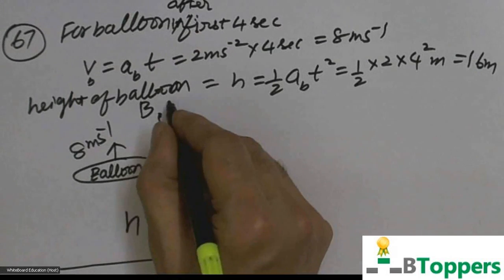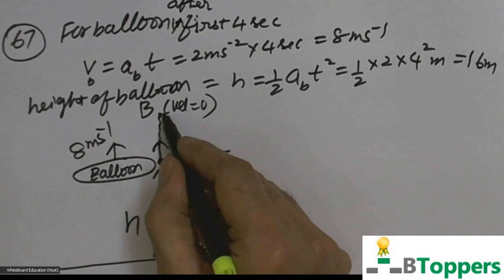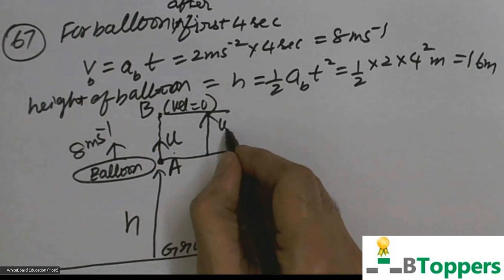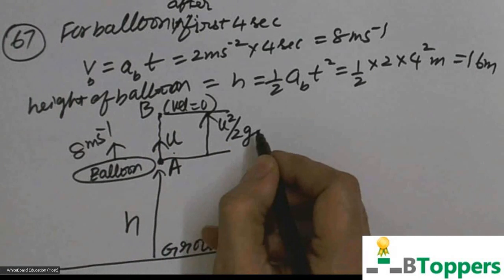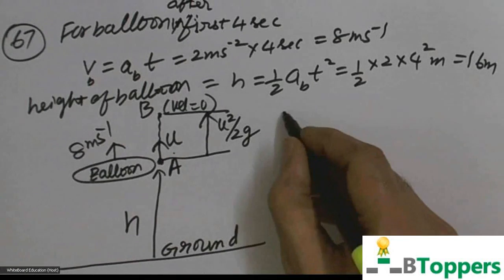If a body is given some initial velocity vertically upwards so that it moves only under the influence of gravity, the maximum height reached above the point of projection is u square by 2g. So the maximum height to which the ball rises above the point A, from where it begins to move under the influence of gravity, is u square by 2g.